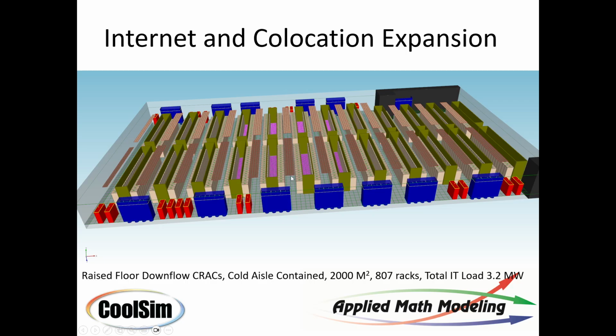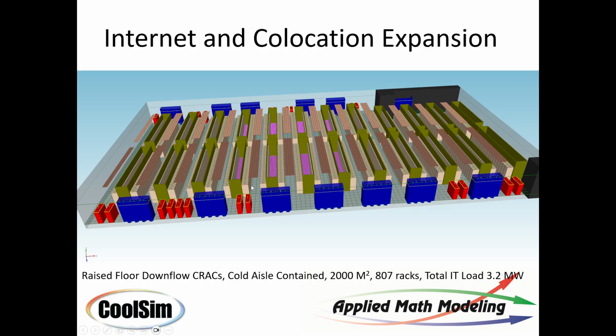Now, a couple things about this particular design. This is cold aisle contained, which means that as you walk around in the room, you're standing in effectively the hot aisle. So these rooms tend to run quite hot. Typical delta T on a rack during this period is about 20 degrees Fahrenheit.